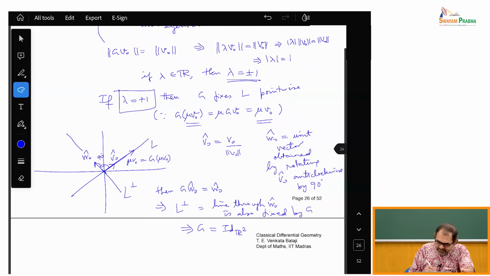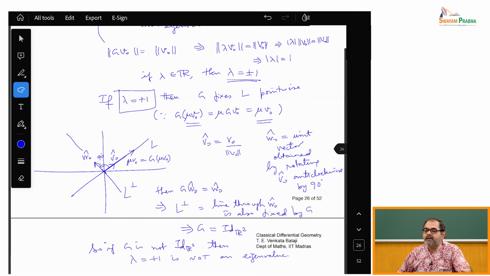So if G is not the identity map, then lambda equal to +1 is not an eigenvalue. And what does it mean? There is one more case, when lambda is -1.